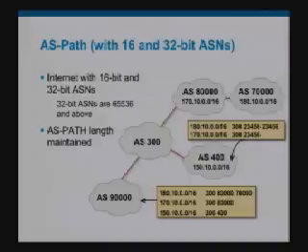Okay, so AS400 can see the prefixes coming from 32-bit AS numbers, but it can't tell which 32-bit AS number it is. Now, it's funny, until about probably 6 months ago, ISPs were like, oh yeah, fine. And it's probably about the last 4 or 5 months, folks have been coming to me and saying, oh, but how do I do policy on these 32-bit AS numbers and my router doesn't support them?